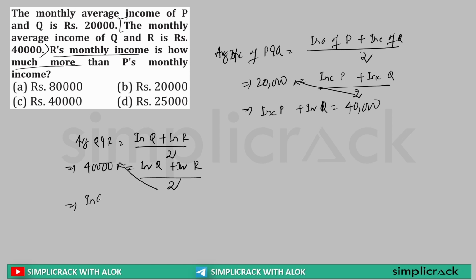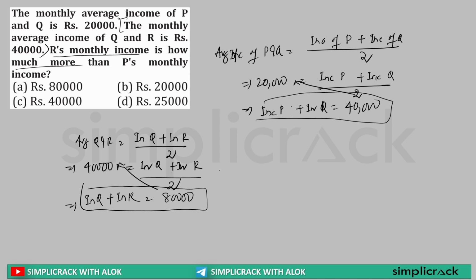So sir, income of Q plus income of R is equal to 80,000. Now understand this. Here income of Q plus R is 80,000. Here income of P plus Q is 40,000. If I deduct this from this, that is income of Q plus income of R, 80,000, minus income of P minus income of Q, because in minus both the signs will be minus, 40,000.